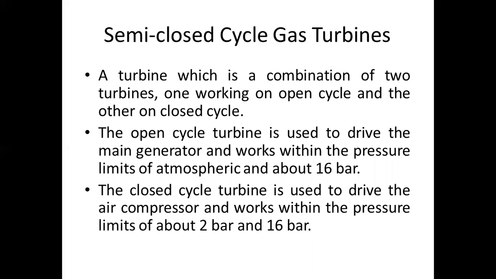The closed cycle gas turbine is used to drive the air compressor and works within the pressure limits of about 2 bar and 16 bar. The semi-closed cycle gas turbines are not used on commercial basis, though they are important from an academic point of view.